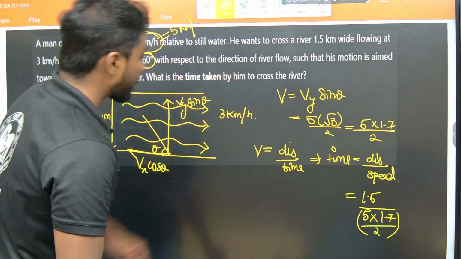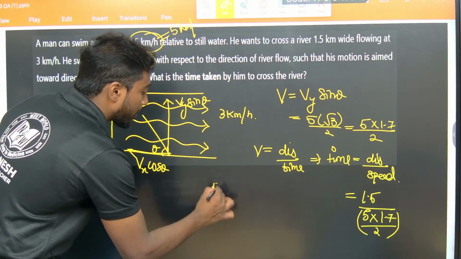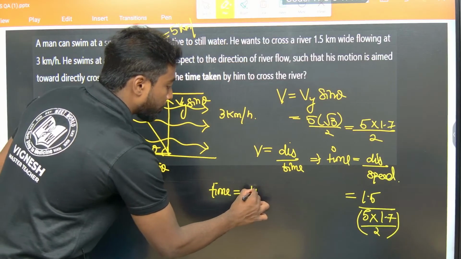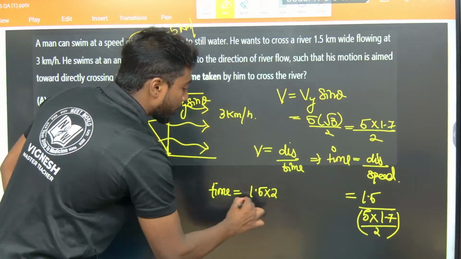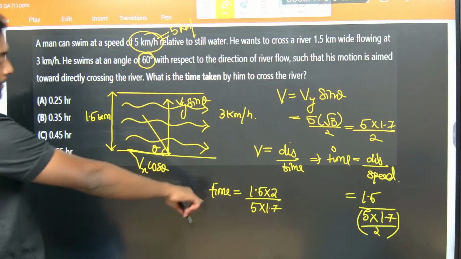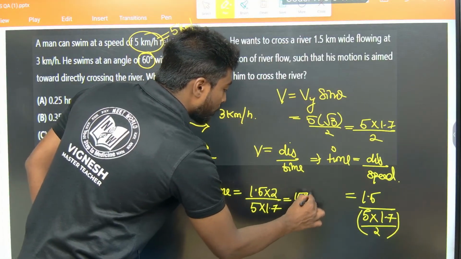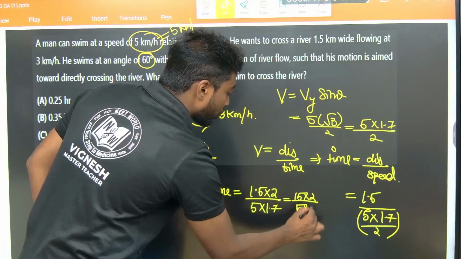Let me calculate it. Time will be equal to 1.5 into 2 divided by 5 into 1.7. I can take the decimal points outside, so it becomes 15 into 2 divided by 5 into 17.